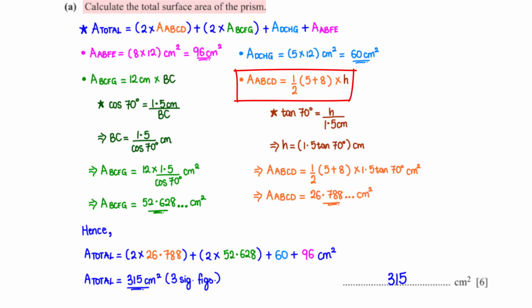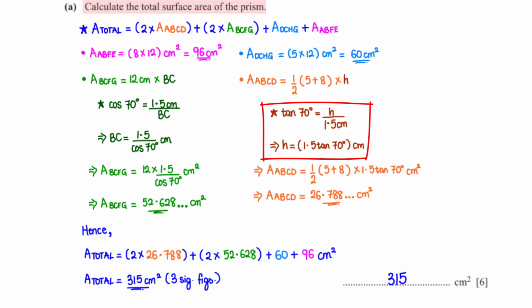ABCD is in the shape of a trapezium. The top length of the trapezium is 5 centimeters and the bottom length is 8 centimeters. We've not been given the height of the trapezium, but we can find it using SOHCAHTOA. This gives us tan 70 degrees equals h divided by 1.5 centimeters. When we make h the subject, this is what we get. And so the area of ABCD is half of 5 plus 8 times 1.5 times tan 70 centimeters squared.